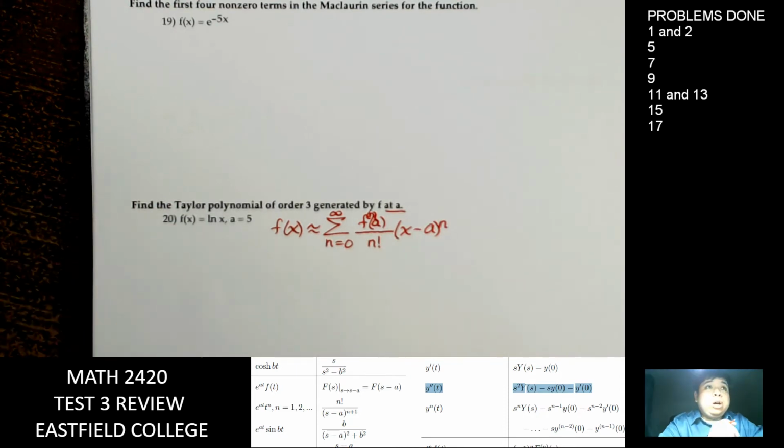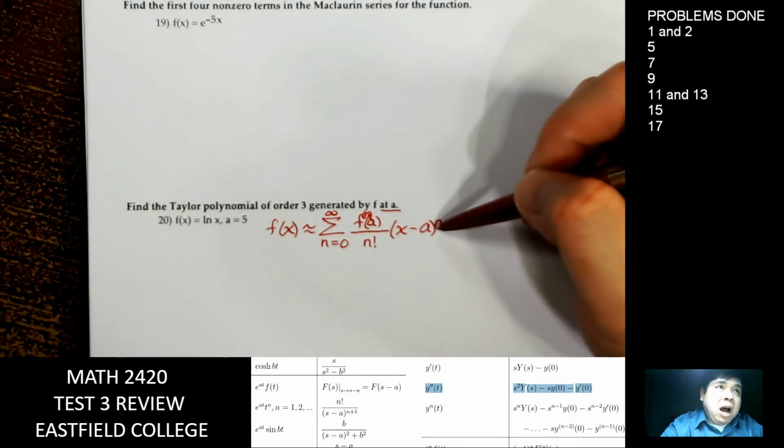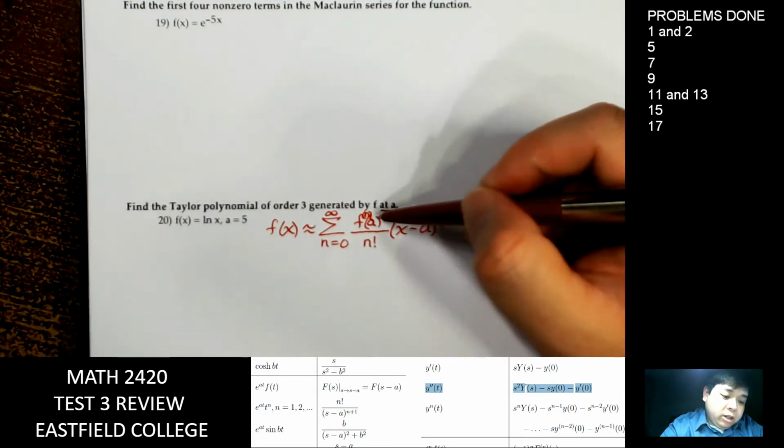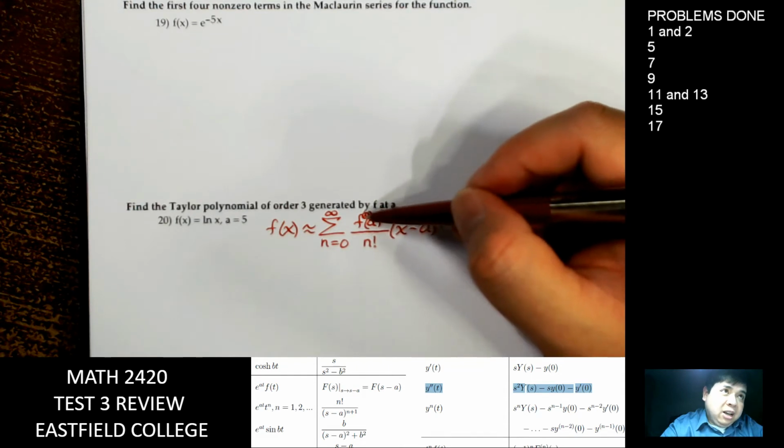So there will be three components: the derivative, the factorial, and the power, all of which have the order n.